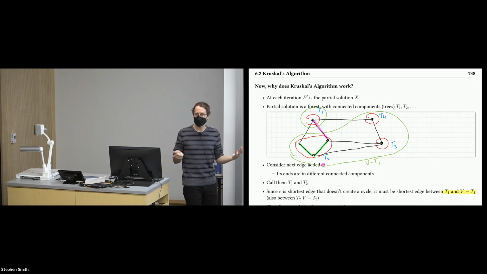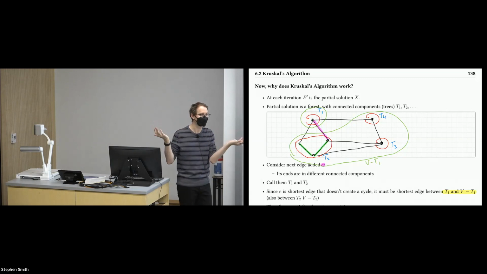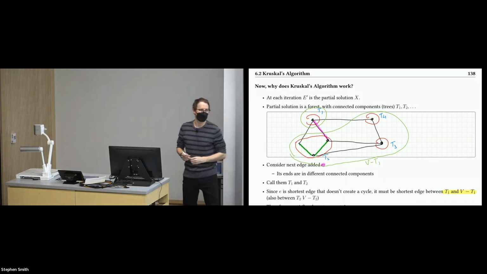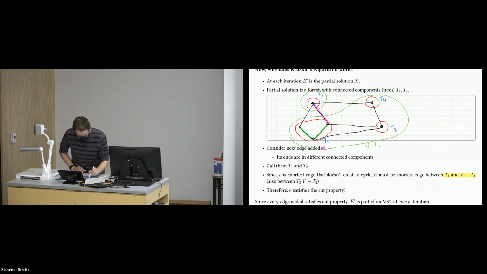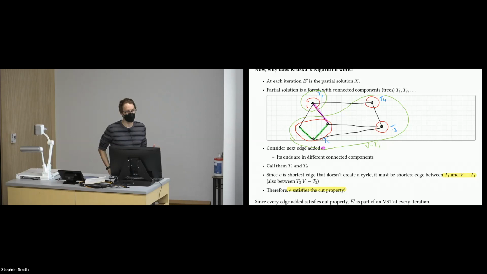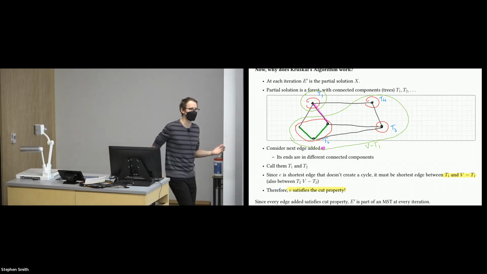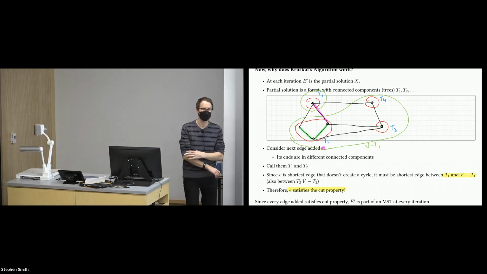And so at each iteration, I am adding the shortest edge that crosses a cut for an appropriately defined cut, right? S and V minus S. And so that E satisfies the cut property with that kind of definition of cut. And it must be that every edge added satisfies the cut property. And so E prime is part of an MST at each iteration of Kruskal's algorithm.